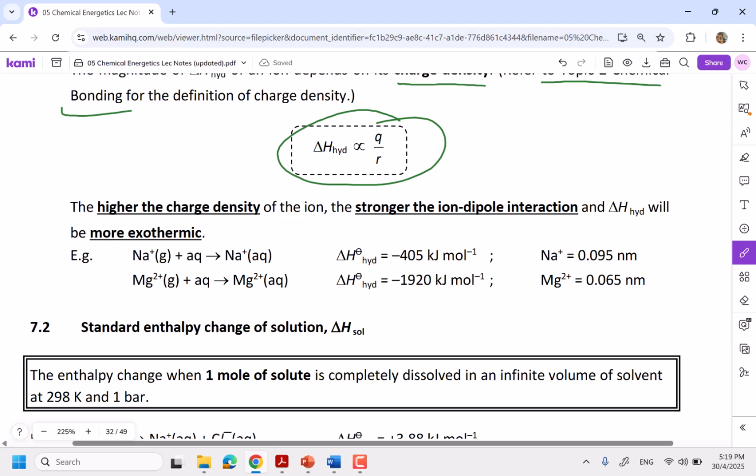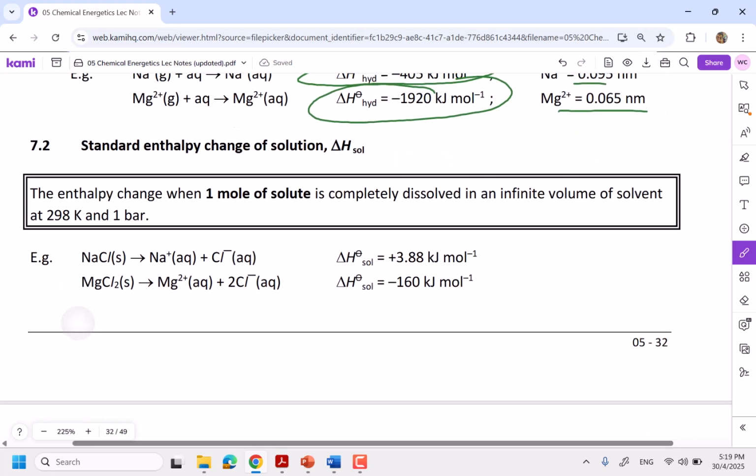We know that sodium plus is 0.095 nanometers, Mg2 plus 0.065 nanometers, and sodium plus has 1 charge, Mg2 plus has 2. So I expect the charge density of Mg2 plus to be greater than sodium plus, and this is reflected by the enthalpy change of hydration.